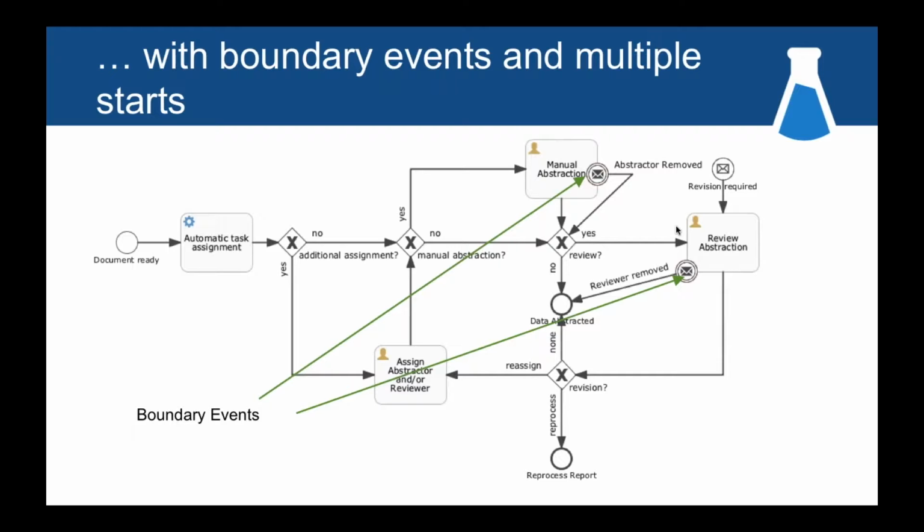So, for example, in this workflow, we might decide that we've assigned a person to do a task, but actually we don't need that to happen. So we remove the abstractor, and then our flow continues to the next decision point.